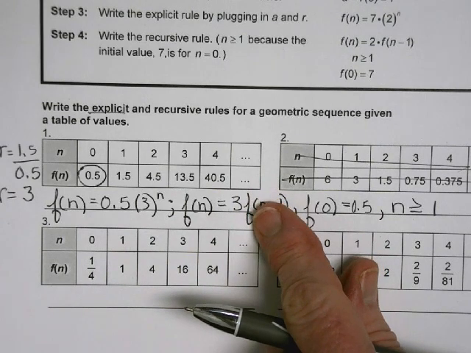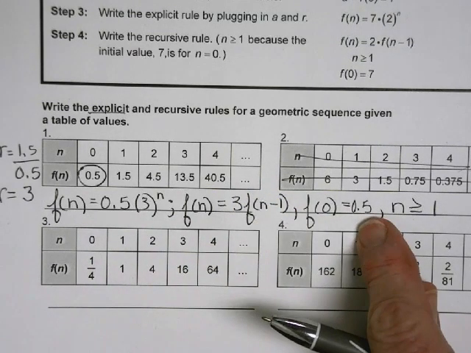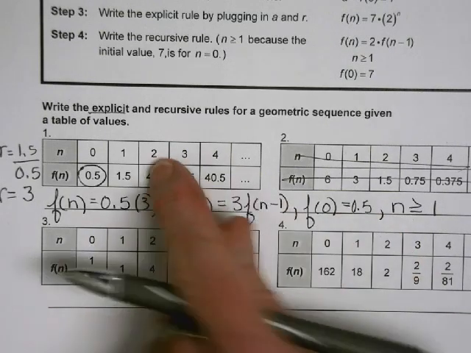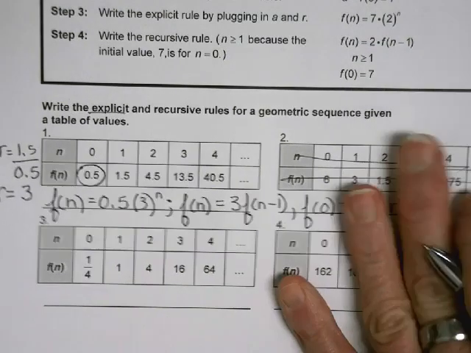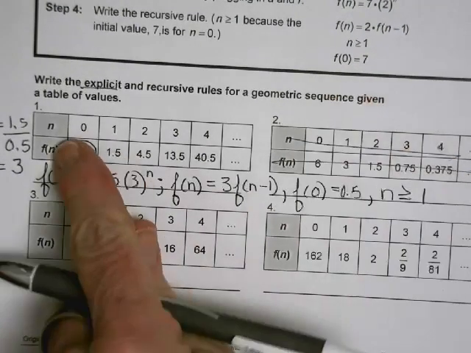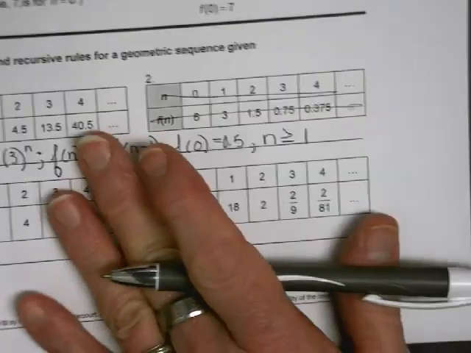That's the recursive rule. You're gonna take 3 times the term before to get the next term. You start with 0.5, you take 0.5 times 3, you get 1.5. You take 1.5 times 3, you get 4.5. You take 4.5 times 3, and so on, till the cows come home, however you want to think about forever.